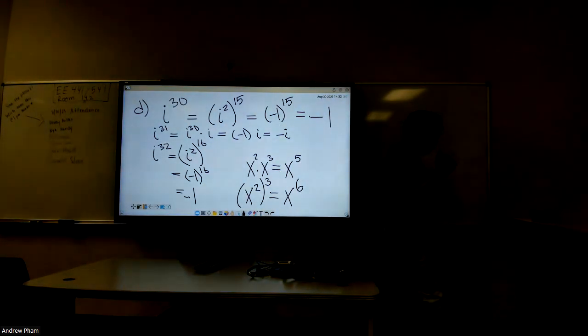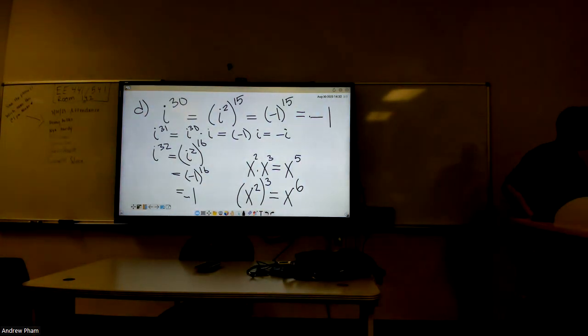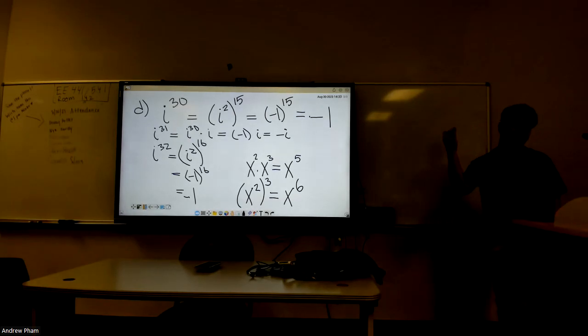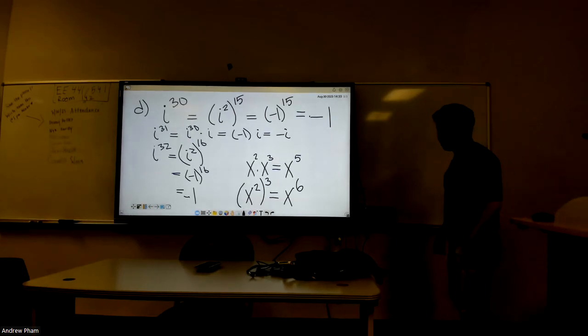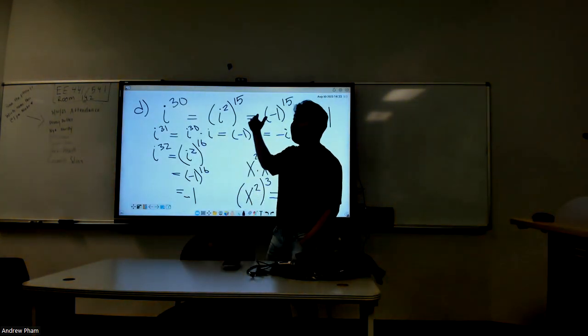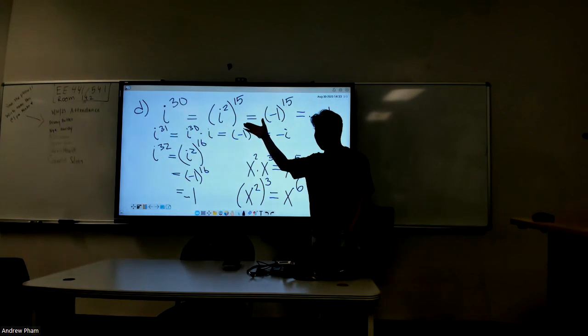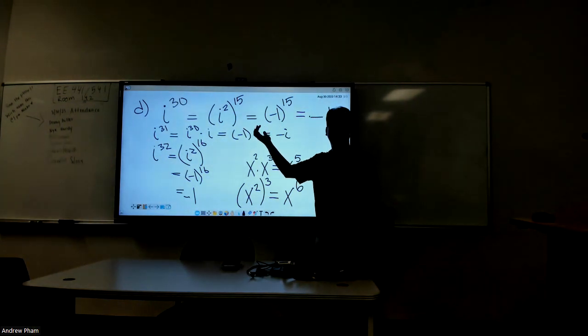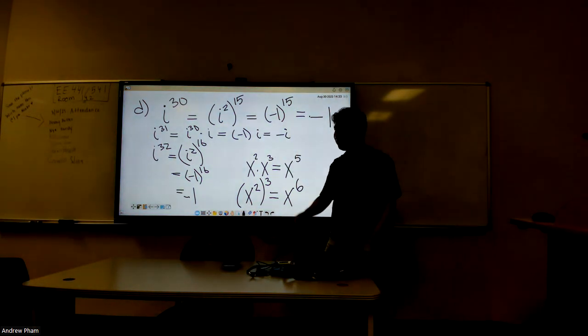All right, so now that we've talked about multiplication, we have addition, subtraction, multiplication. What operation am I missing? Division. As you can probably guess, from addition and subtraction there wasn't that much work. Whenever we started doing multiplication, there was some more work, but in the end it was a lot of multiplying and cleaning up the i squared.